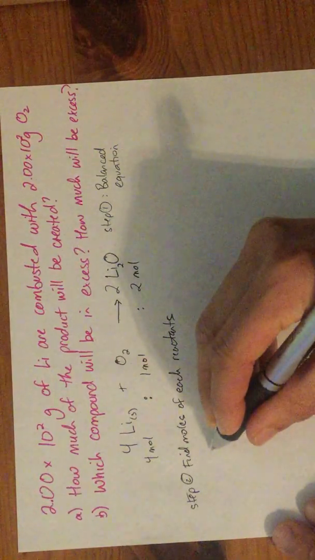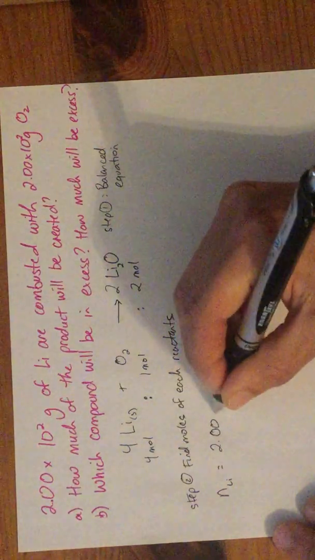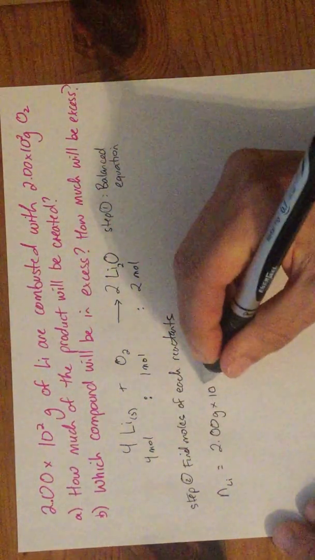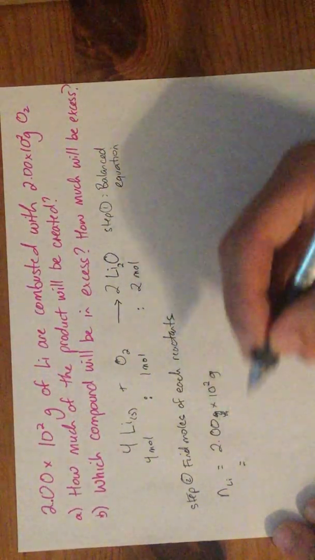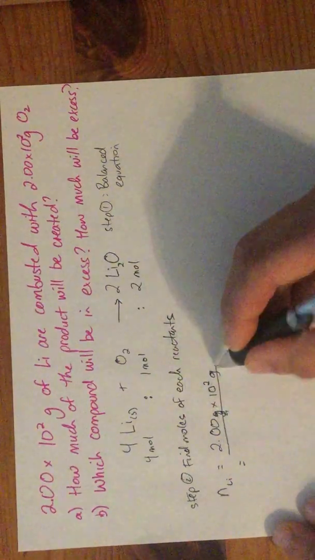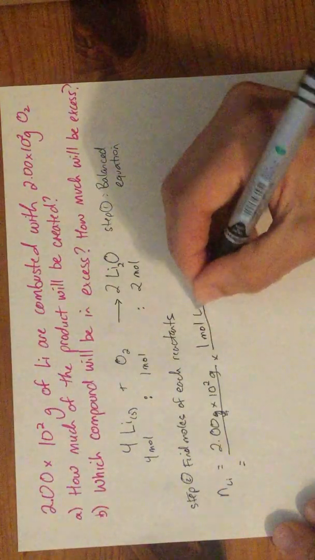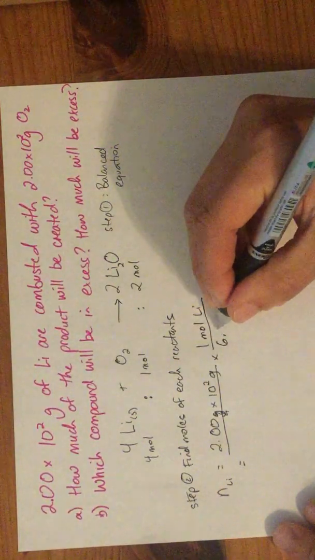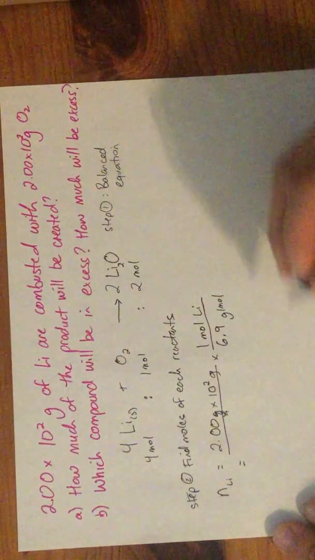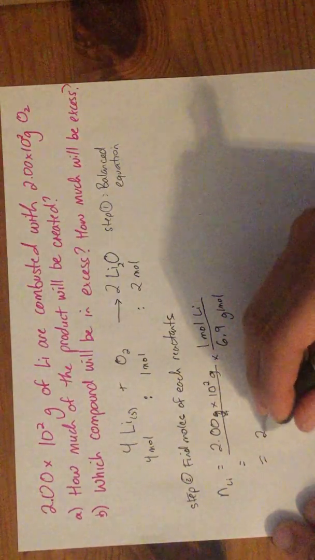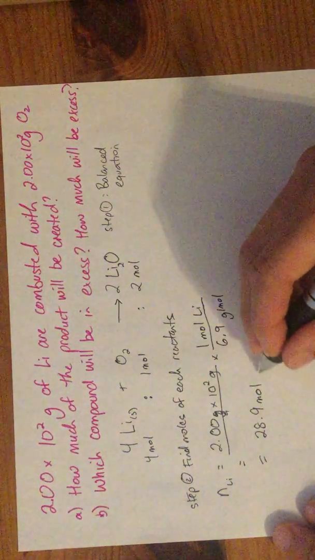So our moles of lithium are going to be equal to 2.0 times 10 to the power of 2 grams, and we're going to divide that by the molar mass of lithium. So I'm going to do 1 mole of lithium over 6.9 grams per mole of lithium. That's going to give us an answer of 28.9 moles. So we have 28.9 moles of lithium.